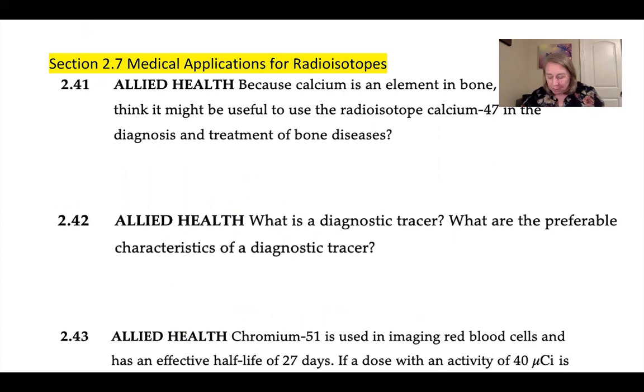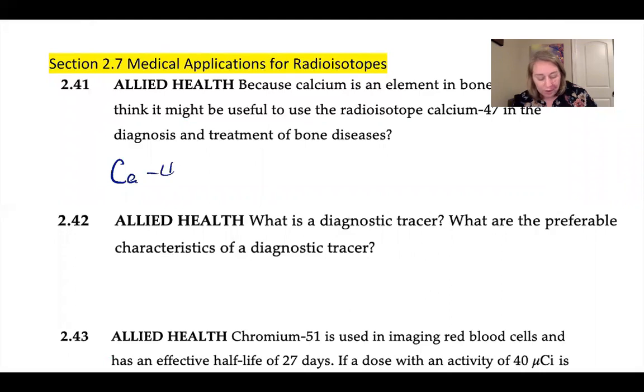So we've got 2.41. All right, because calcium is an element in the bone, why do you think it might be useful to use radioactive calcium-47 in the diagnosis and treatment of bone disorders? So if you give a patient calcium-47, where's that going to go in the body? Well, the body is not going to see a difference between normal calcium and calcium-47.